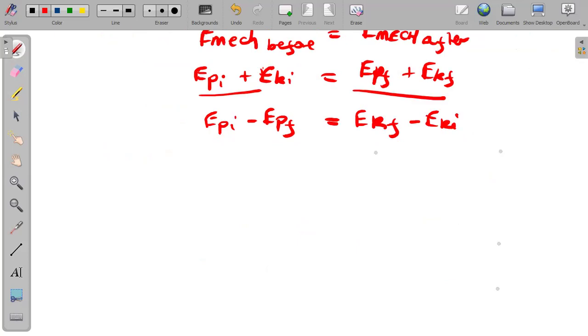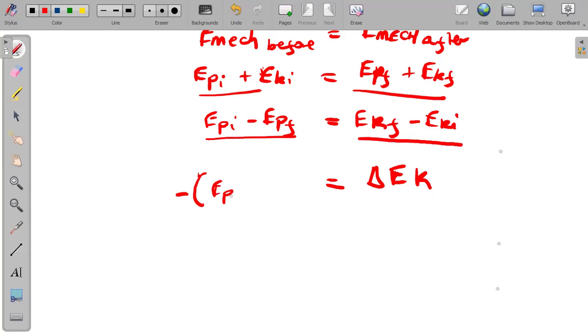Now this here is the change in kinetic energy. So we can safely say this is the same as delta EK, and we'll be correct to say that. However, this is not a delta EP. So what can we do to make it delta EP? We can factor out the negative, which means once we factor out the negative, we have EPF minus EPI.